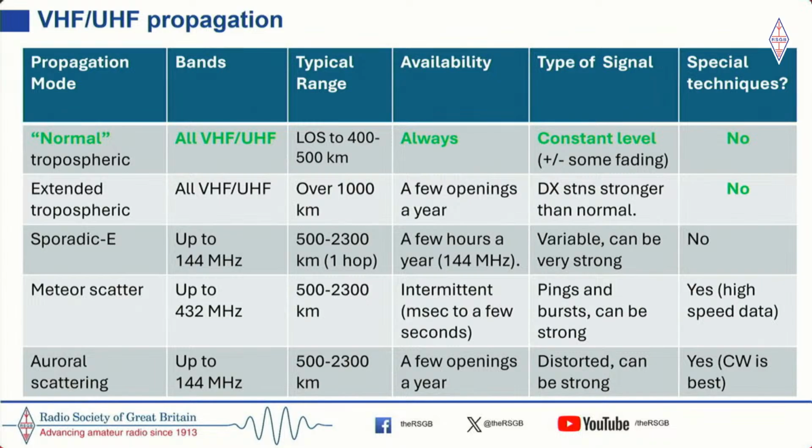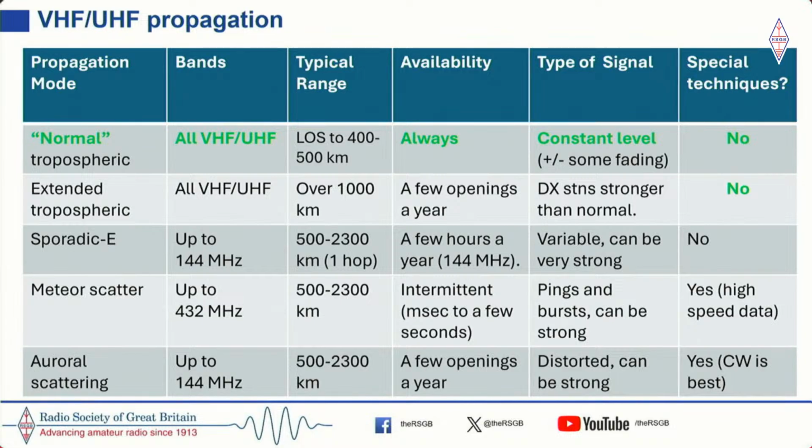Auroral scattering, this is charged particles from the sun, again arriving into the top of the Earth's ionosphere and atmosphere and being trapped magnetically at about the height of the E layer, so you get about the same ranges.